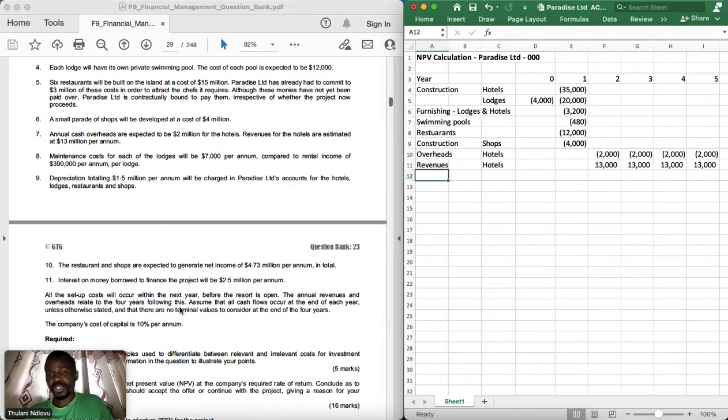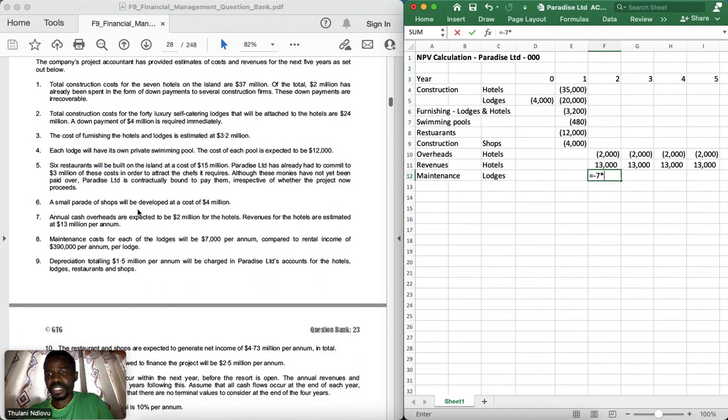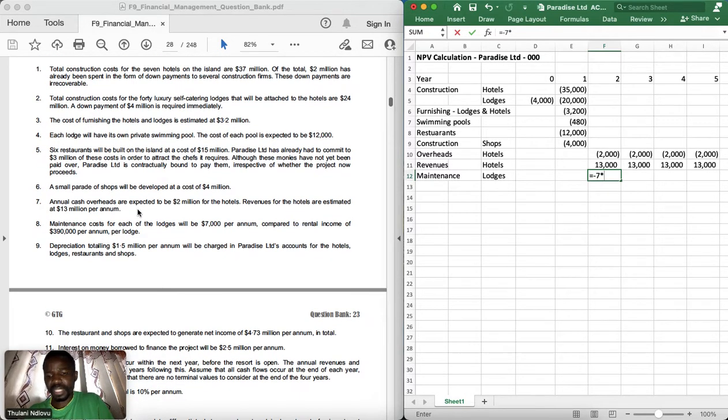Then we come to note number 8, which says maintenance costs for each of the lodges will be 7,000 per annum, compared to rental income of 390,000 per annum per lodge. So we've got maintenance for lodges. The maintenance is 7,000, so it's 7 multiplied by the number of lodges. We're given the number of lodges in note number 2, that is 40.